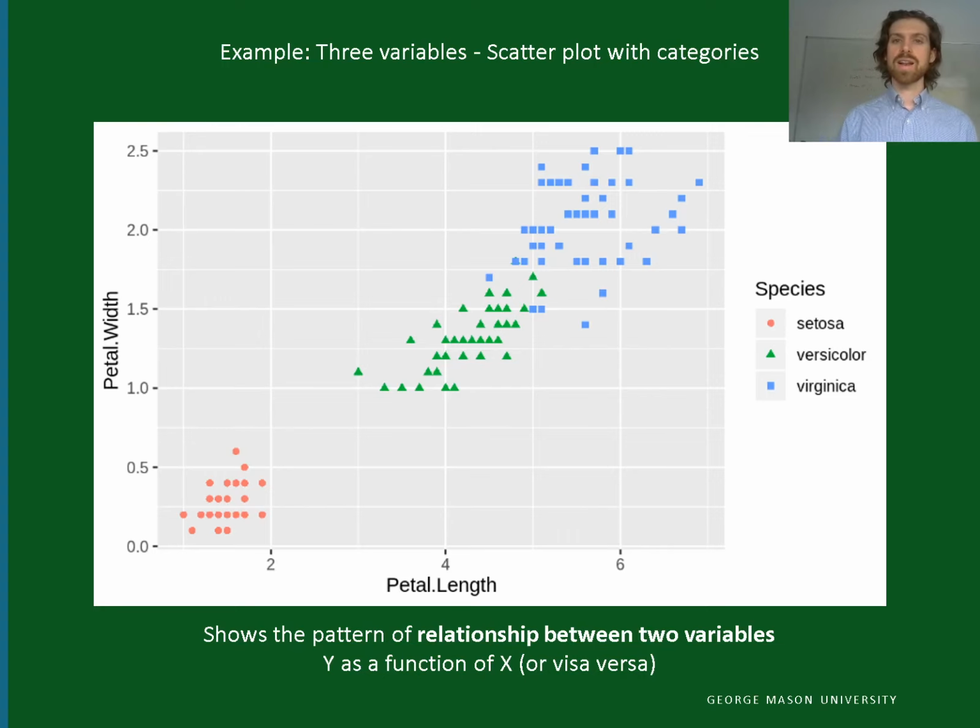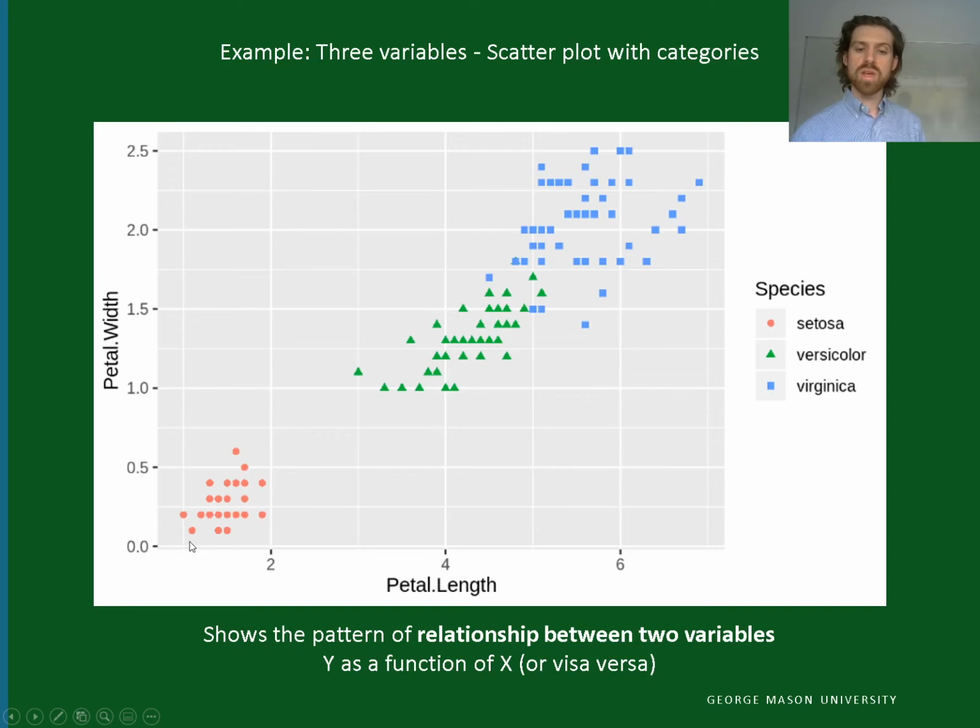This is a classic data set which is used to provide many examples in R. And it's actually on the petal width of plants. So here we can see that for 3 different species, the length of the petal and the width of the petal are plotted against each other.